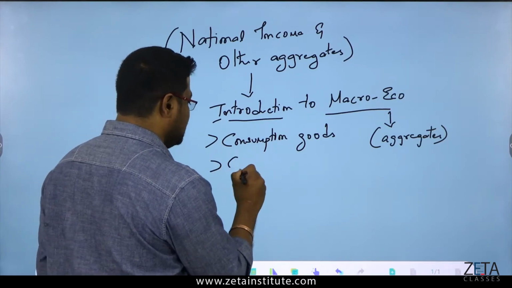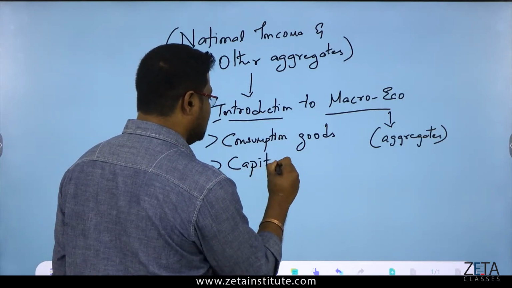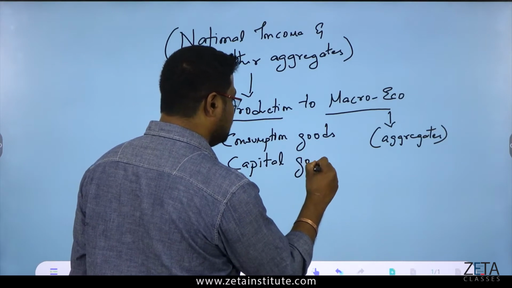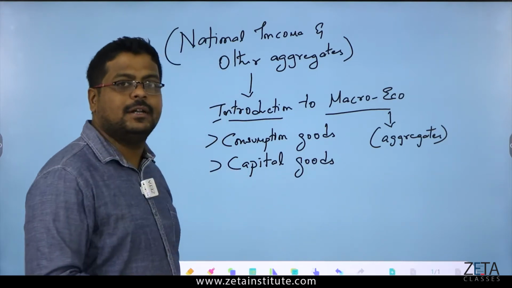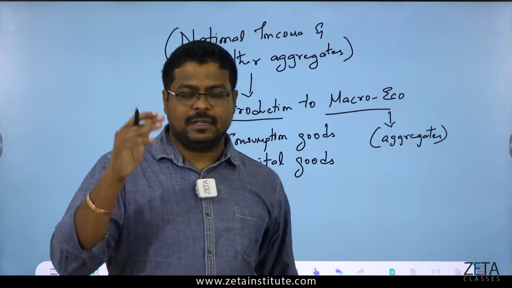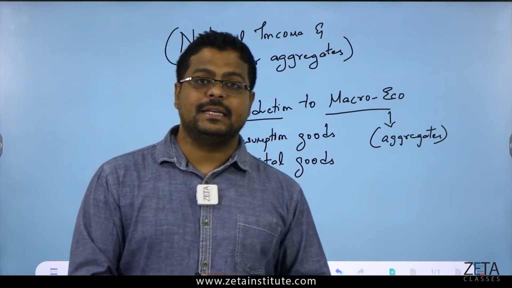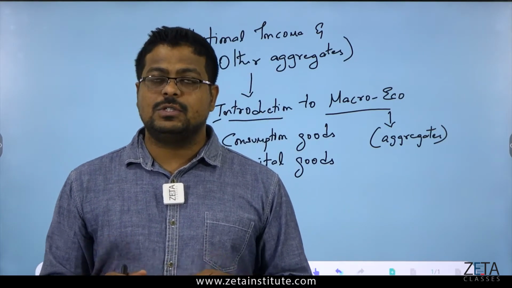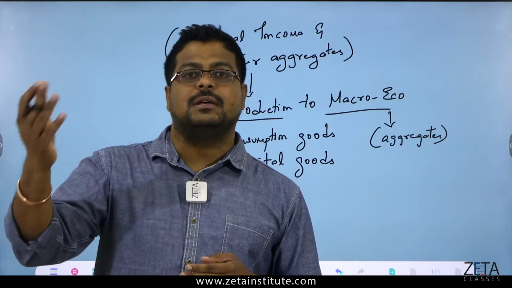Next is capital goods. What do you mean by capital goods? In accountancy we have seen that capital means the goods which are there to produce something.